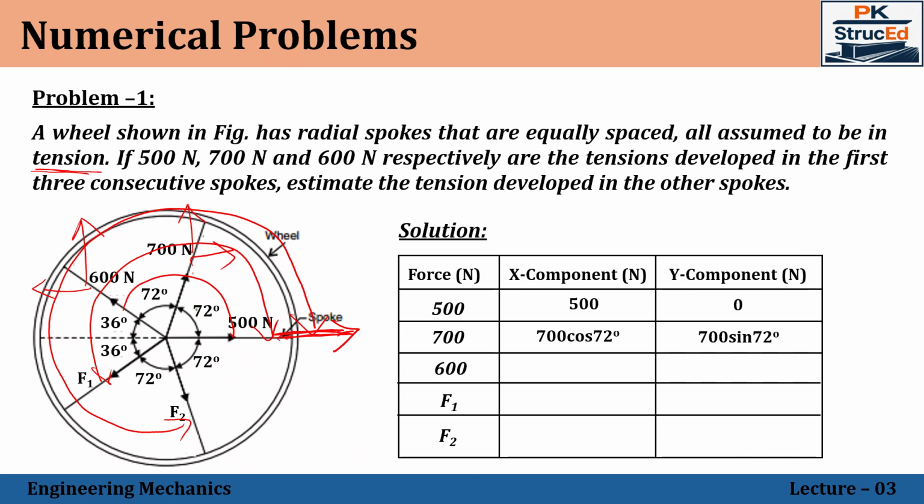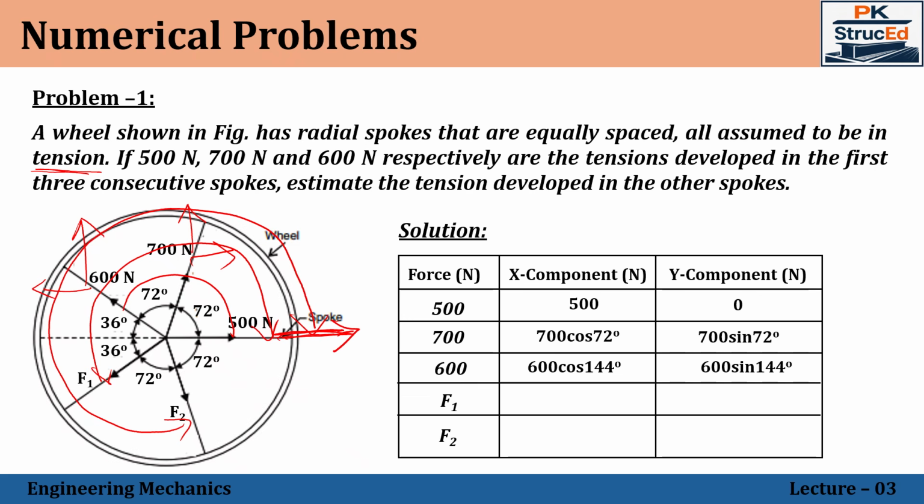Next is the 600 Newton force. The angle made by the 600 Newton force with respect to the benchmark will be 144 degree. Therefore, x component of that force will be 600 cos 144 degree and y component will be 600 sin 144 degree.